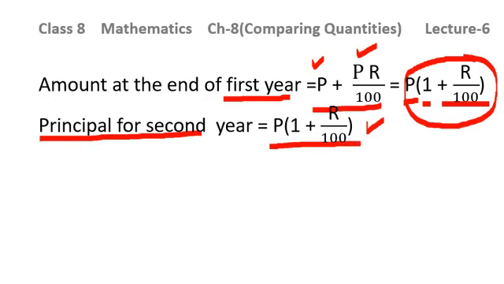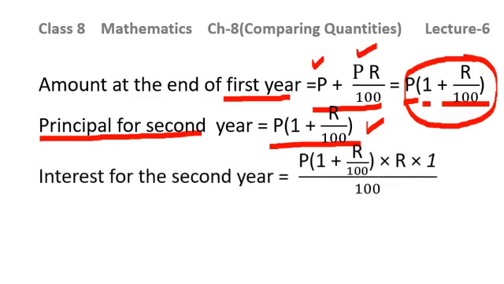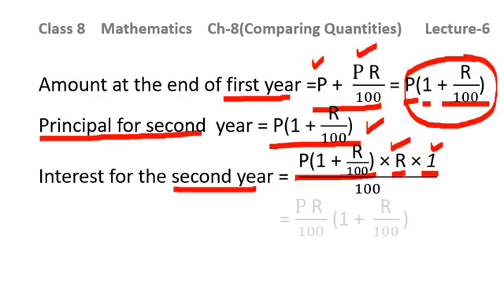Interest for the second year will be P, the value of P now, into R into T. Time we have taken as 1 because we are calculating it for individual years. So it will be P bracket 1 plus R over 100, into the rate of interest R, into 1 over 100. This will be the interest for the second year.